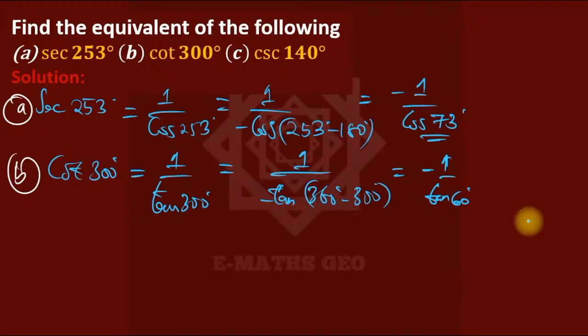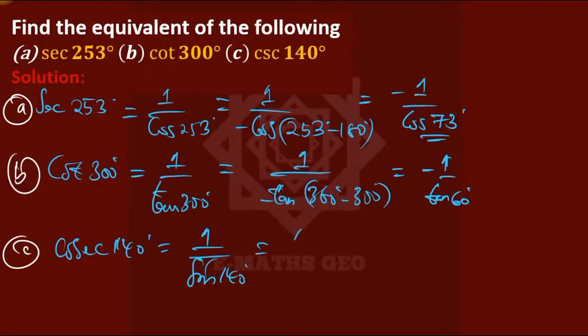Then cosec 140. 140 is in which quadrant? Second. And cosec is 1 over sine.